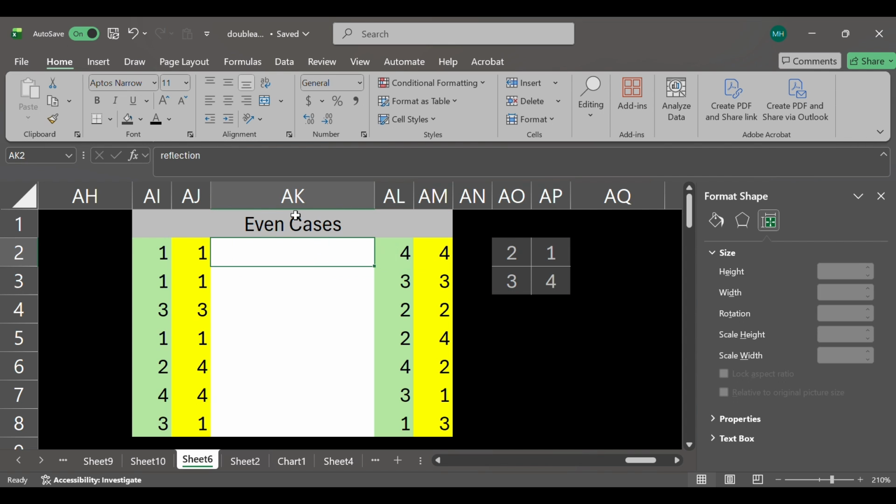That looks like a reflection across the x-axis. Okay. 1, 1 to 3, 3. I can see that as a 180 rotation. 3, 3 to 2, 2. Oh, that's a reflection over the x-axis as well.